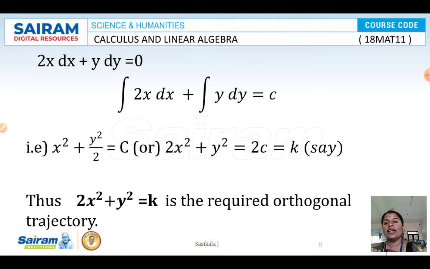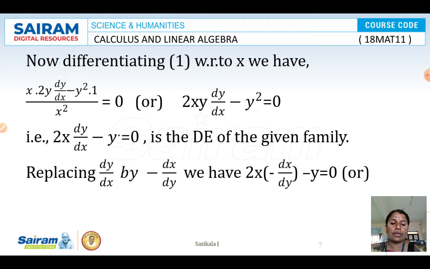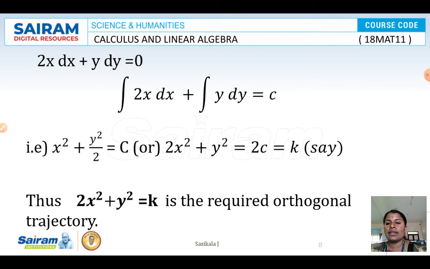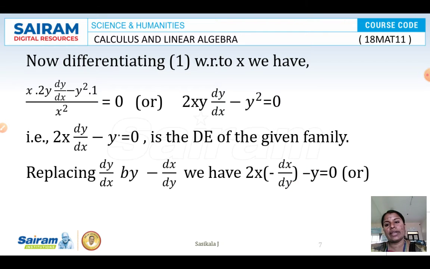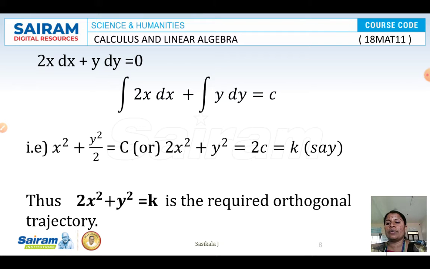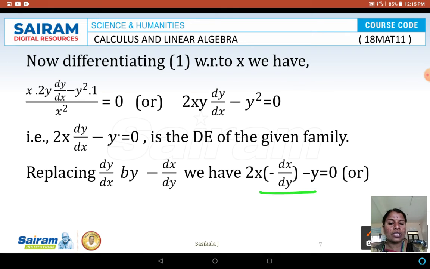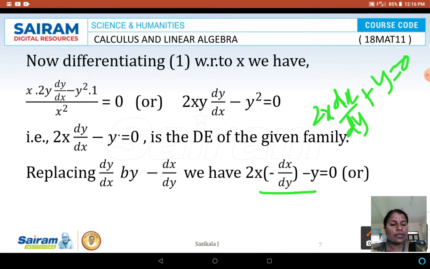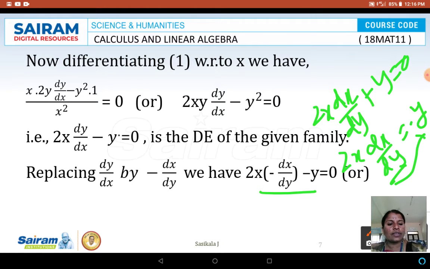So 2x dx by dy is equal to minus y. Taking dy to the other side, so what will happen?